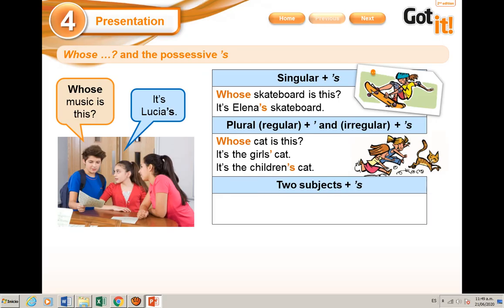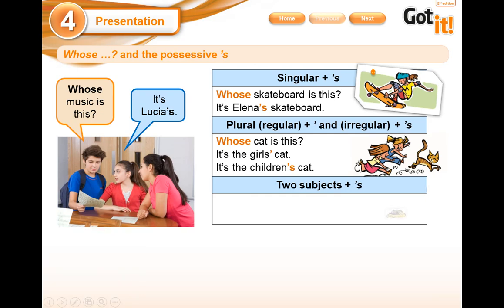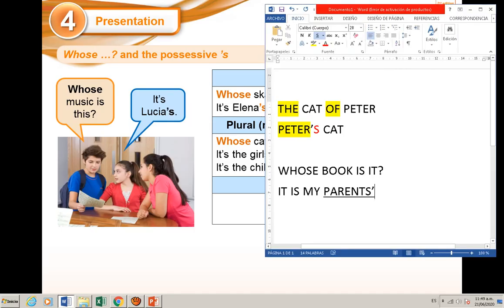¿Por qué ha pasado con ese sustantivo plural? ¿No es así? Por ejemplo, vamos a ver que tengo hijos y quería it's my children's bed. Entonces sabemos que children es plural, pero lamentablemente la diferencia entre children y parents es la siguiente, que parents sí cuenta con ese porque es un plural regular.